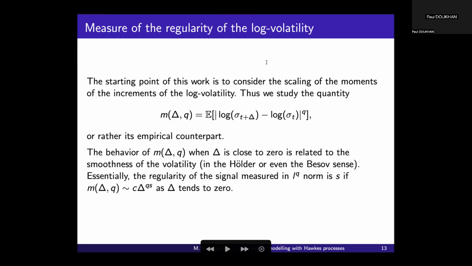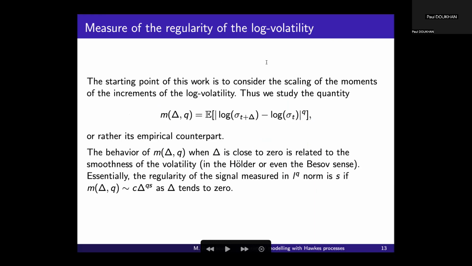So how can I check that? Well, I'm going to do what we classically do in this case. I'm going to look at the behavior of the log volatility increment over 1 day, 2 days, 3 days, 100 days. I'm going to look at the average behavior of the log volatility increment to the power q. Why do I want to do that?